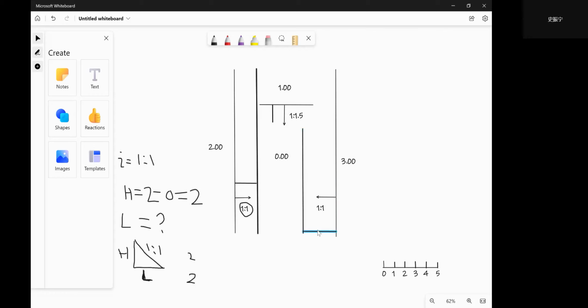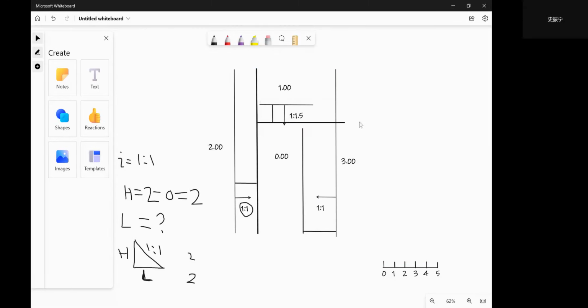Okay, so in the scale ruler, 1 unit is from 0 to 1. This distance is the unit 1. Many students label here 1, but it is not 1. Okay, so I will draw a line parallel to this line.